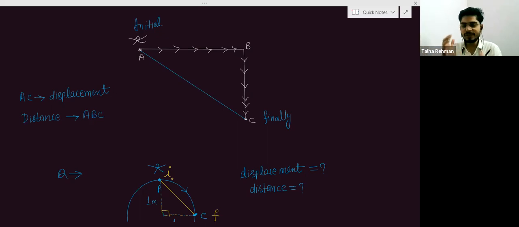If you think about these things with your mind, then you can learn physics. Otherwise, by knowing the formulas and the definitions, I don't think anyone can learn physics. This is my theory, and someone may have a different theory.